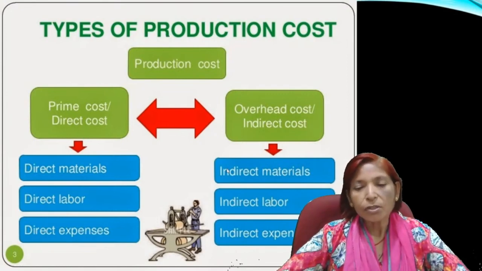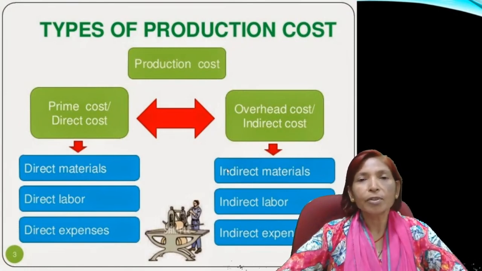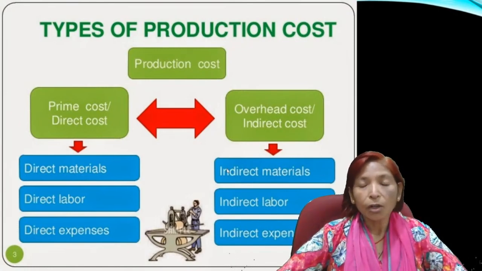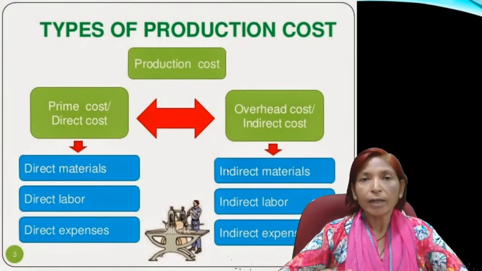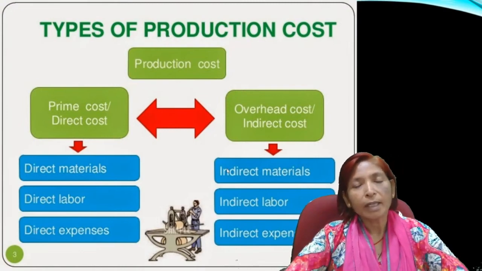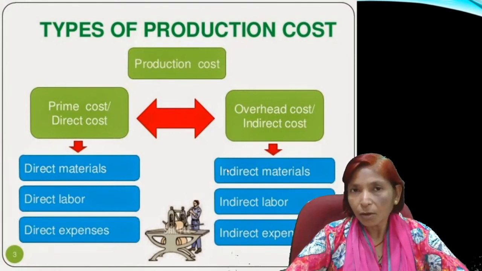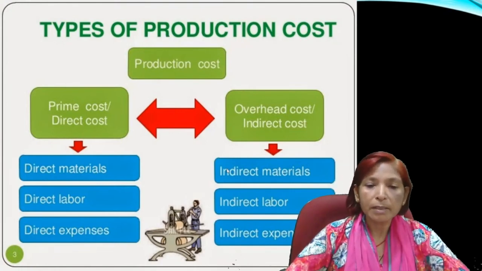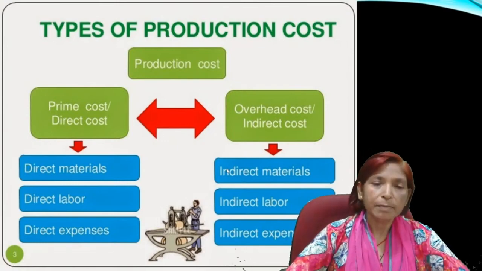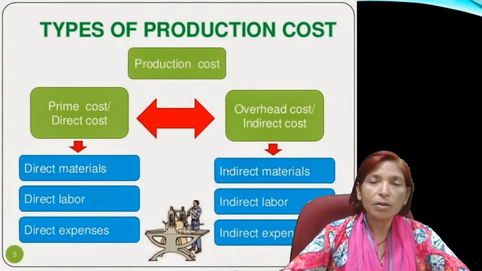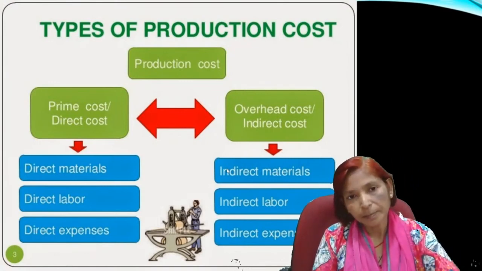So the cost which exists in the production of goods and services, but which you cannot clearly or directly see, is called indirect cost. Self-employed resources cost is called indirect cost or implicit cost, like indirect material, indirect labor, indirect expenses. All these costs are known as overhead cost or indirect cost.